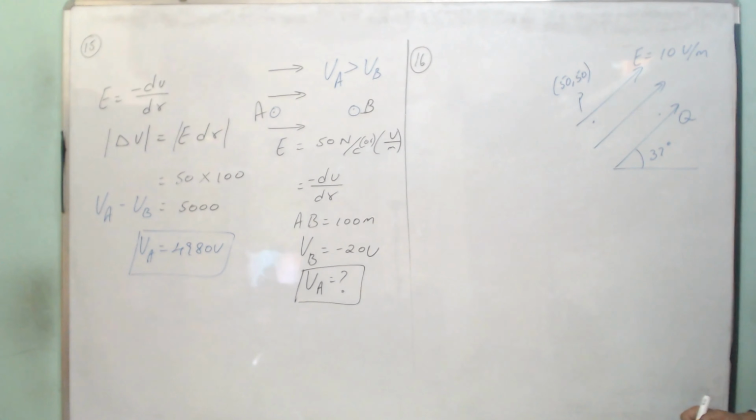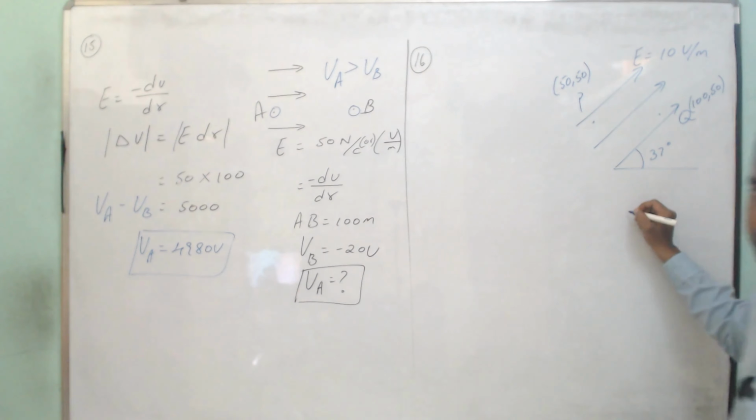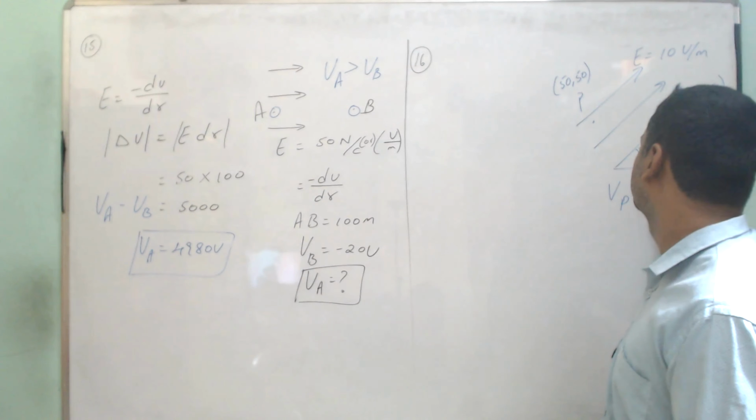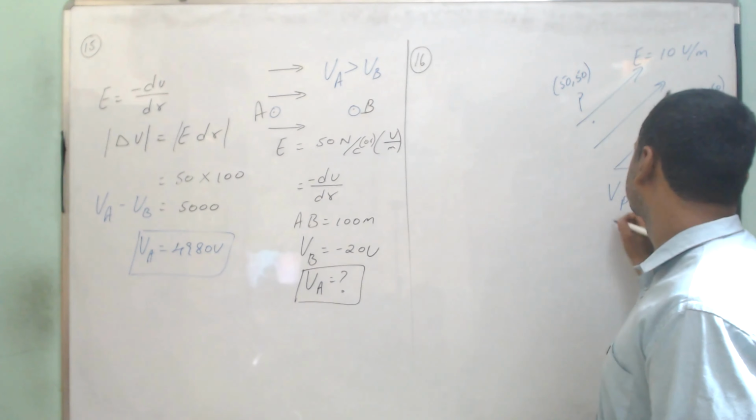The coordinate of Q, we can take it as 100, 50. This is also in meters. If potential at P is equal to 20 volts, find the potential at Q.